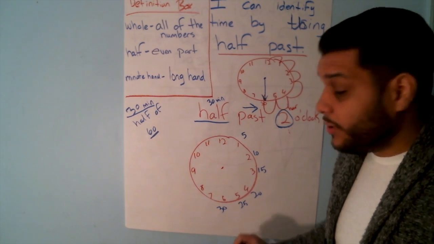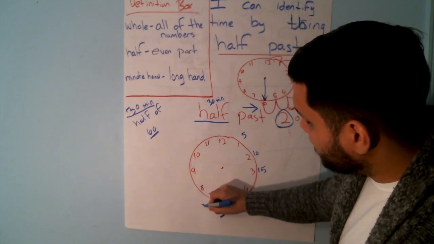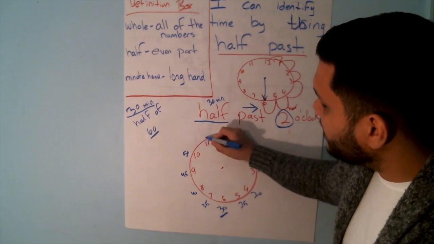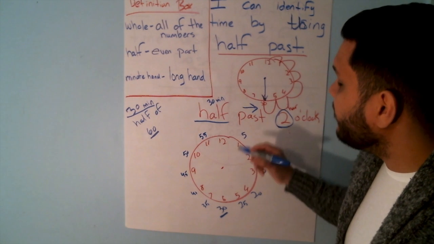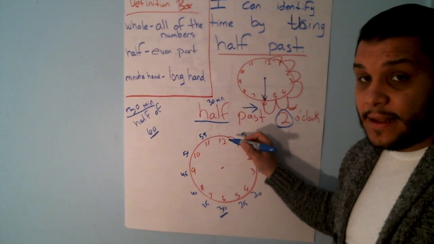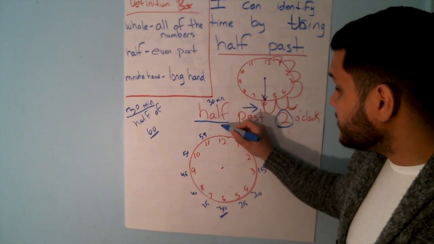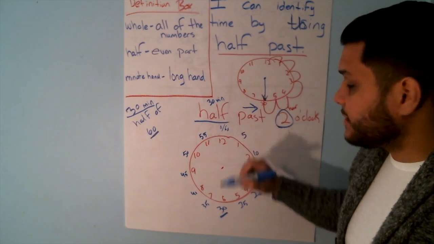That's an important number. 35, 40, 45, 50, 55. And then we know this is 60. But remember, 60 is a brand new hour. So you can either write 0 or you could write 60. It's up to you.